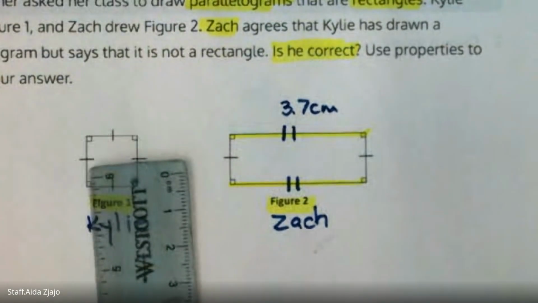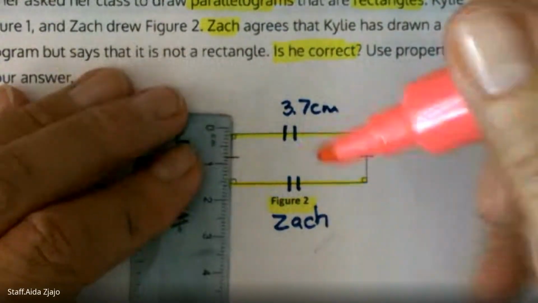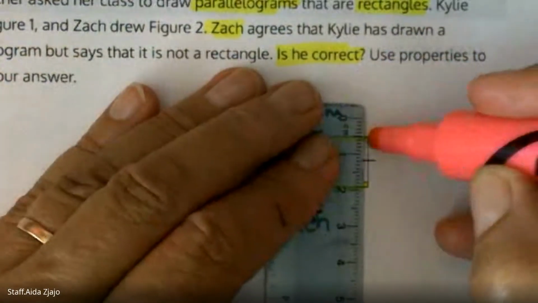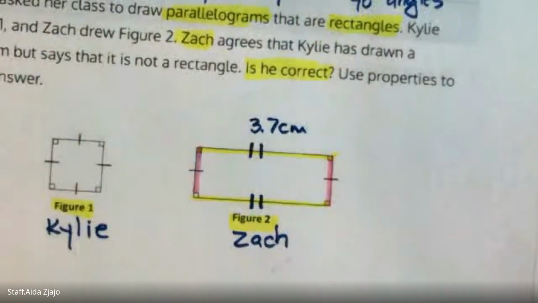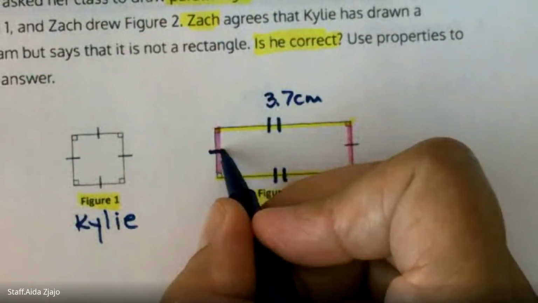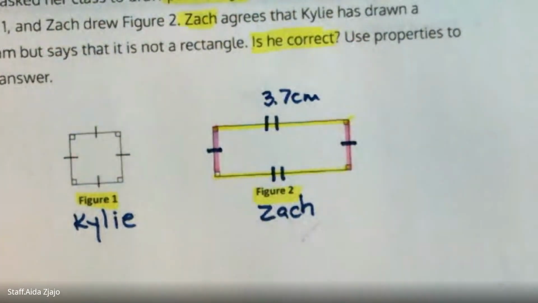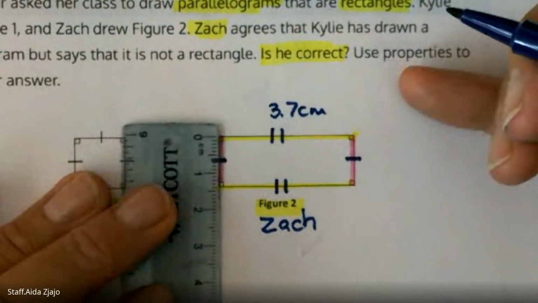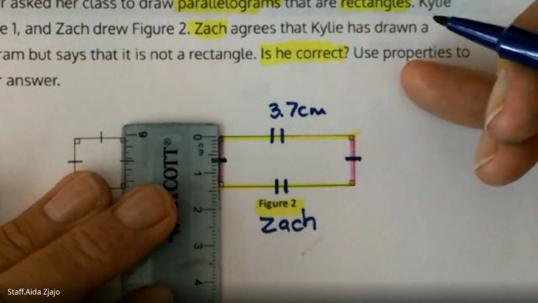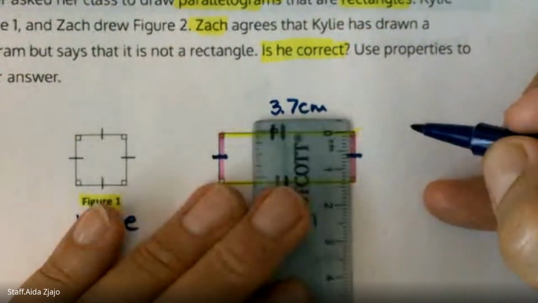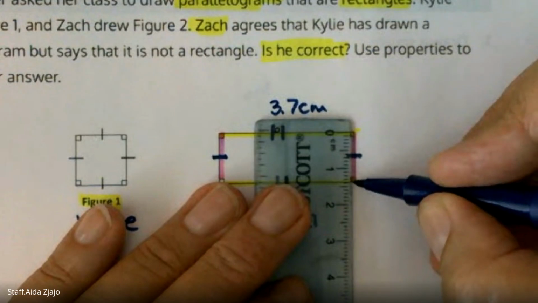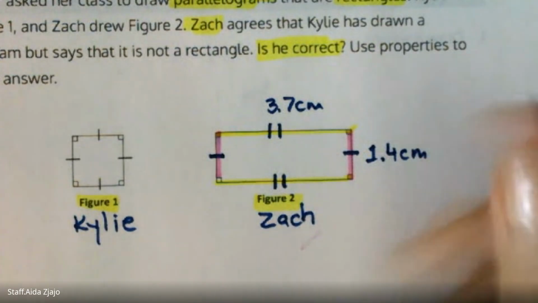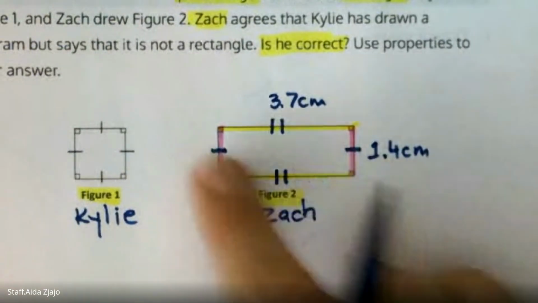Also, this one here is parallel to this one, which is also congruent. When I measured this to be 1.4 centimeters, it has to also be 1.4 centimeters over here. So each of these, this is congruent to this.